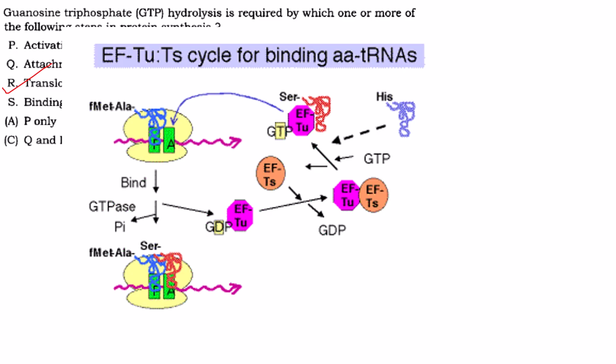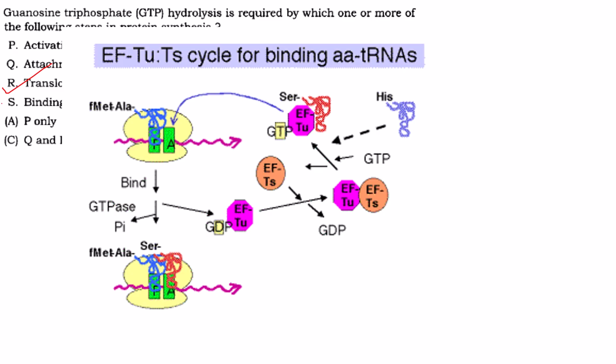Upon EF-Ts binding, the GDP will be dissociated off, and then the new GTP will bind to the EF-Tu EF-Ts complex, and the EF-Ts will dissociate upon binding of GTP to EF-Tu, and the EF-Tu GTP is now available for binding to another aminoacyl tRNA.